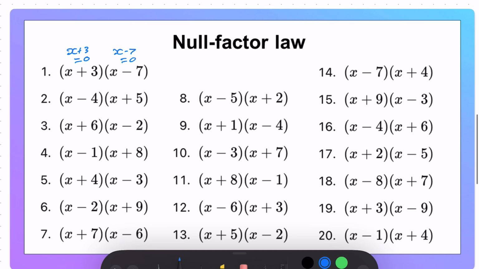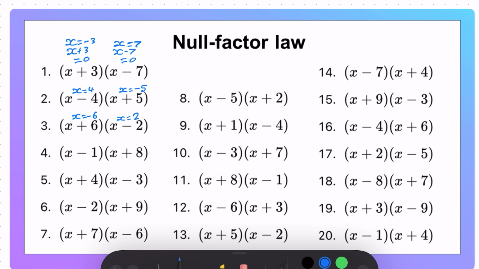So for this one, x equals negative 3, and for this one, x equals 7. For question 2, x equals 4, and x equals negative 5. For question 3, x equals negative 6, and x equals positive 2.